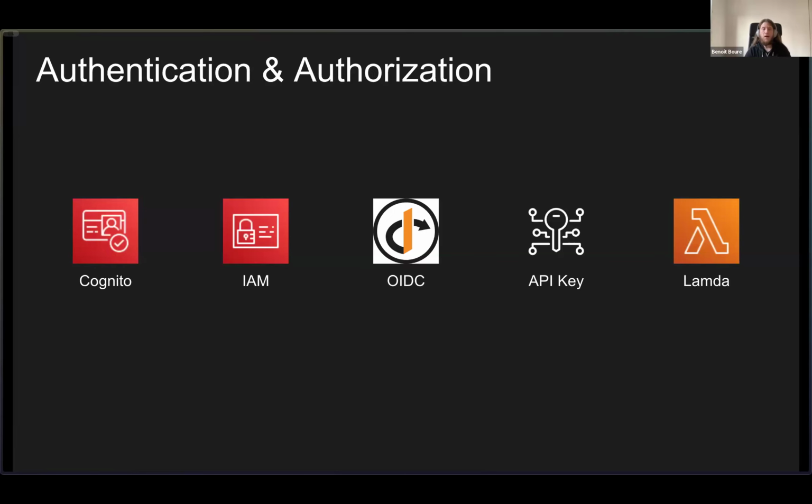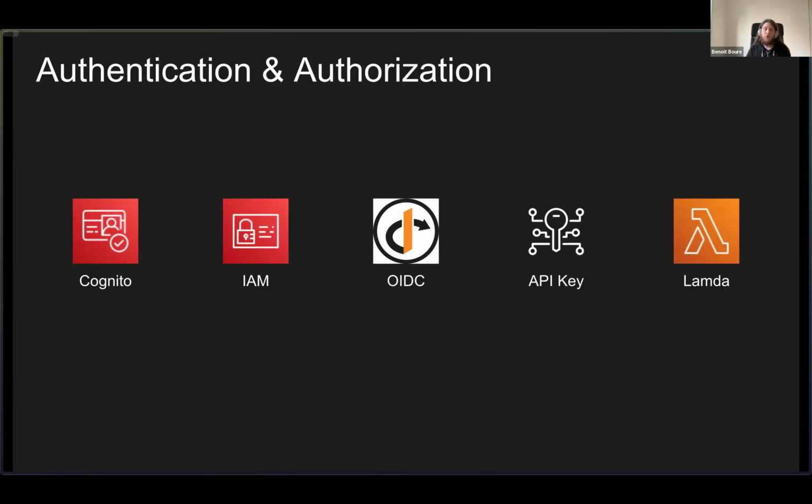Okay, so now when you talk about an API, you will most likely want to protect it and also authorize and identify your users. AppSync supports five types of authentication methods. Amazon Cognito, for the AWS offering of a user directory. You can also use IAM.